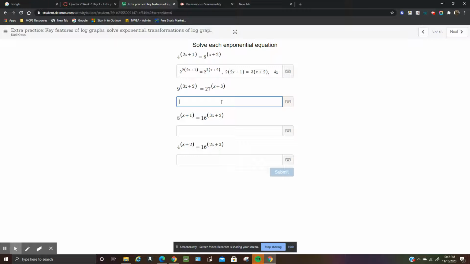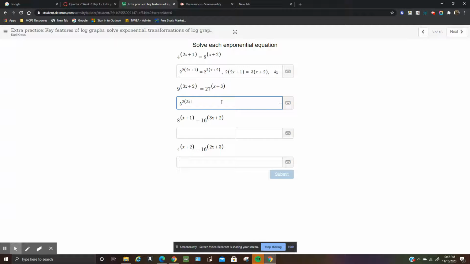The second one, you want to put the base of 3, so 3 exponent, and 27 is 3 cubed. So equating the exponents again, 2 times 3x plus 2 equals 3 times x plus 3.